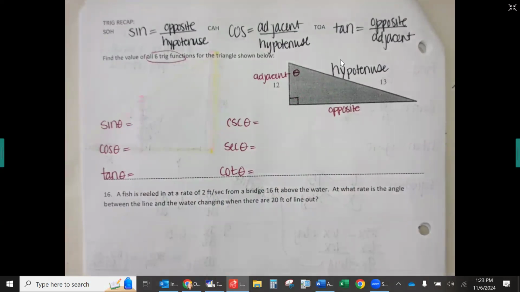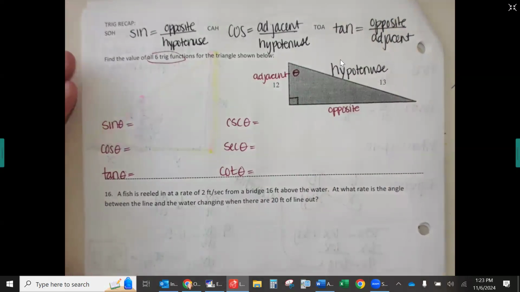Prior to us finding sine, cosine, and tangent, you really need all 3 sides of the triangle. I know the adjacent, I know the hypotenuse, but I do not know the opposite. What will allow me to find this 3rd side if I know the other 2? Pythagorean theorem.